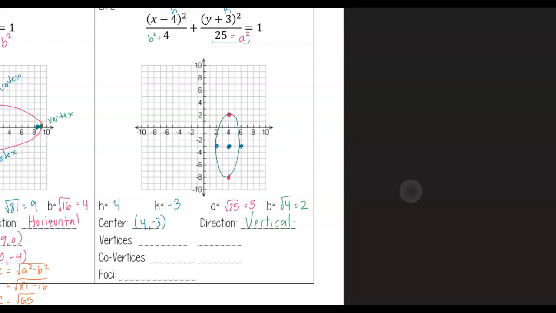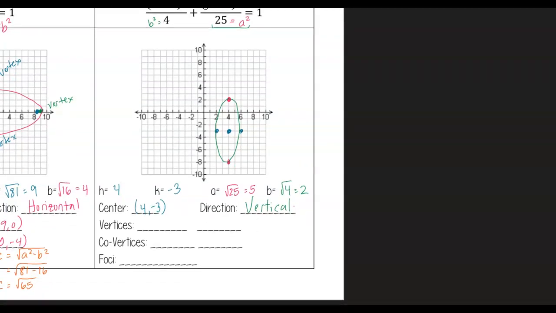If you graph these points and end up with a horizontal one, clearly that is not a vertical ellipse, so you did something wrong. You did it backwards. So my vertices are at (4, 2) and (4, -8). And my covertices are located at (2, -3) and (6, -3).